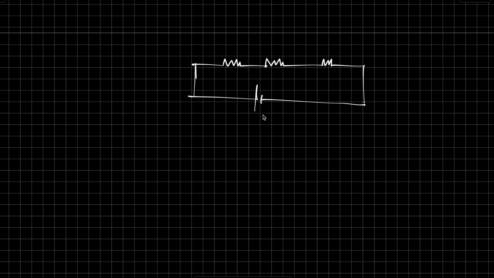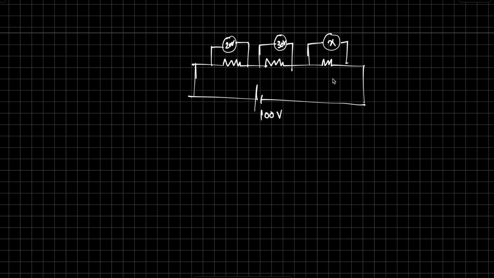Another one. The battery is providing, let's say, 100 volts. The voltage drop across the first one is, let's say, 20 volts. The voltage drop across the second one is 30 volts. So what could be the voltage drop across the third one then?